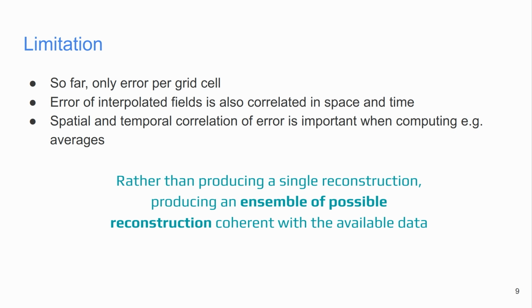So far, we have an error per grid cell. Okay. So we have an image as an input, with clouds, and we get a full image at the output, and then for every grid cell, we get an error estimate. Okay. But once you do something on this reconstructed image which involves different grid cells, you need to know how the error in different grid cells is correlated.